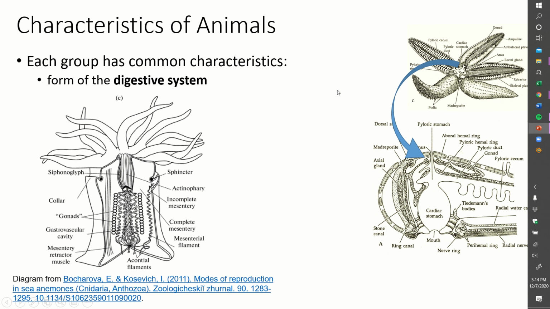There are 2 basic categories of digestive systems on the planet. And the most basic is what we call a cup-like digestive system. That's what the anemone has. Here's a cross-section through an anemone, where it has a mouth that opens to a stomach, and then the anus is the same opening as the mouth. So the food goes in and then comes out the same way.